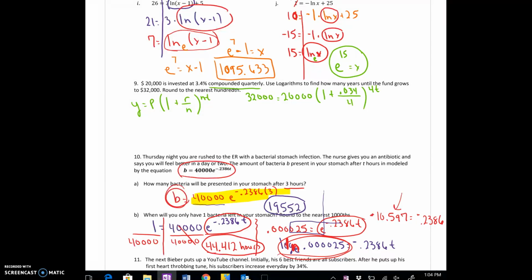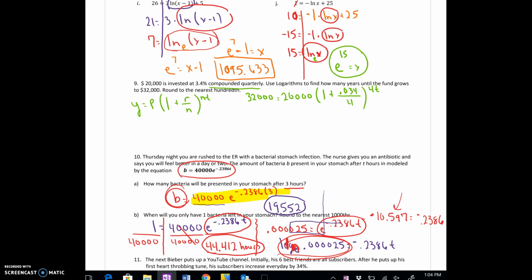So a couple things I'm going to do first is I'm just going to clean up the stuff that's in the parentheses. What you can't see that I'm doing on my calculator is taking 1 plus 0.034 divided by 4 because my calculator will follow the order of operations.